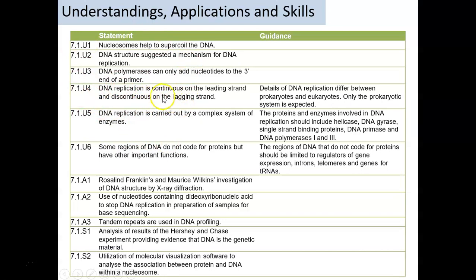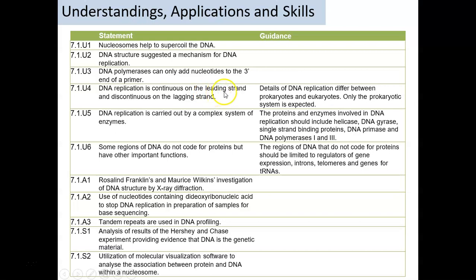DNA replication is continuous on the leading strand and discontinuous on the lagging strand. We have also discussed that the lagging strand makes Okazaki fragments, but the leading strand goes continuously.